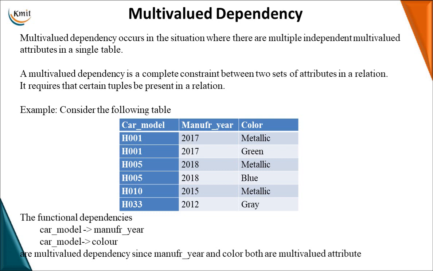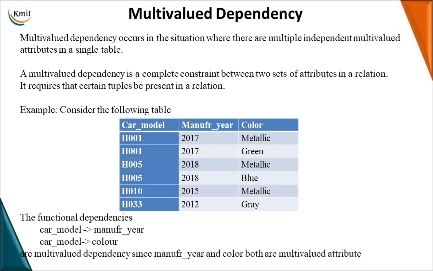Multi-valued dependency is a special kind of dependency where for a particular value you have got multiple values in multiple columns. Multi-valued dependency occurs in a situation where there are multiple independent multi-valued attributes in a single table. If you look into this, for a particular car model, the manufacturing years may be different. It would have been manufactured in 2017, 2018, 2015, same car model.